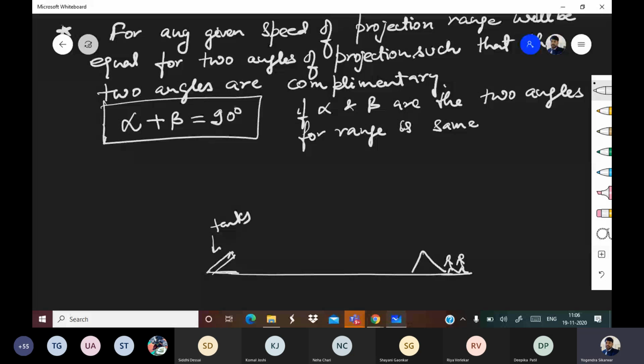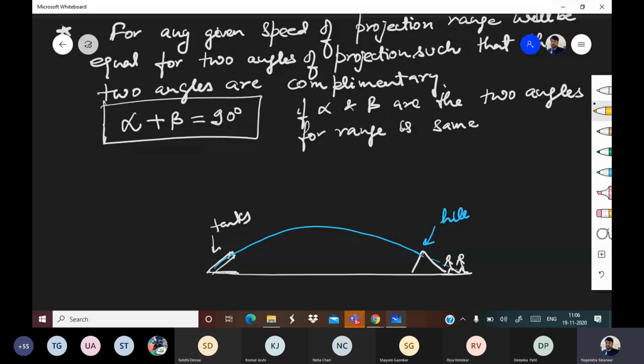And this tank fired one shell which went like this. It was supposed to hit the enemy soldiers, but due to that hill, they are protected. And those soldiers are quite happy. Yeah, we are safe.